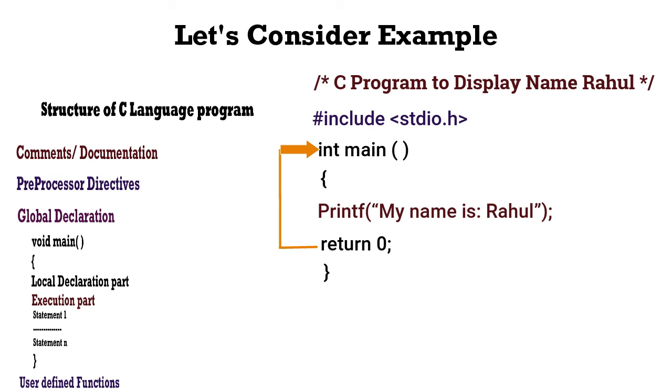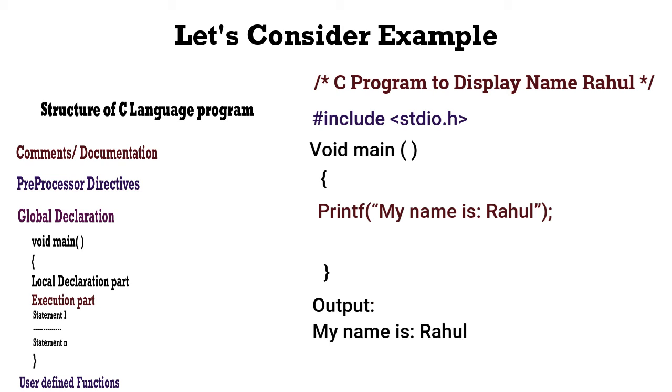So here the main function must return the integer value 0, which indicates the program ends. Or else I can use a void main function, if I do not want to return any values. Here void indicates that the main function does not return any value. So this is the simple C program to print your name, and the output of the program is: My name is Rahul.